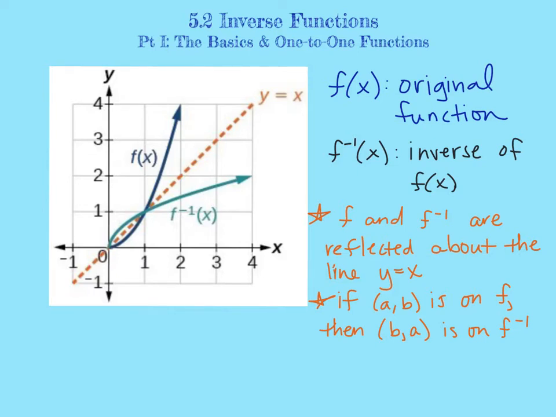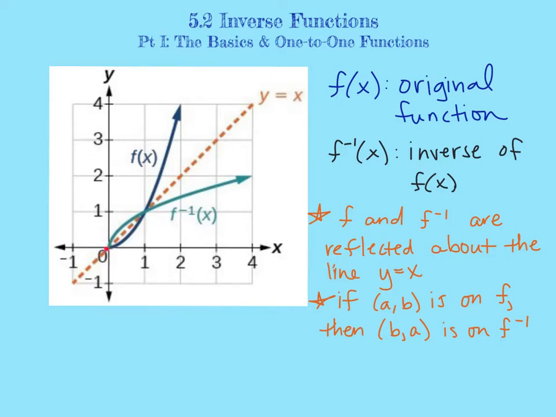That leads to the idea that if a certain coordinate point is on the original function, then its inverse, or just swapping the two numbers, is actually on its inverse function. So I wrote that out as: if the coordinate point a comma b is on the graph of f of x, then the inverse b comma a is actually on the graph of f inverse of x, which is pretty cool. So let's take a look at that.